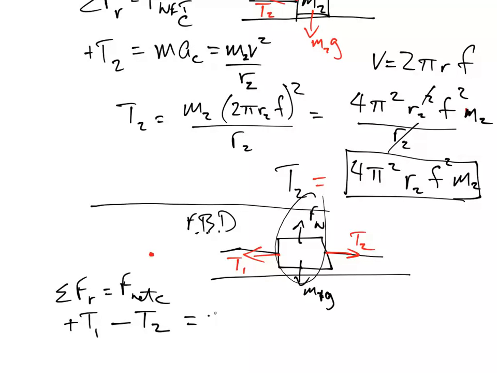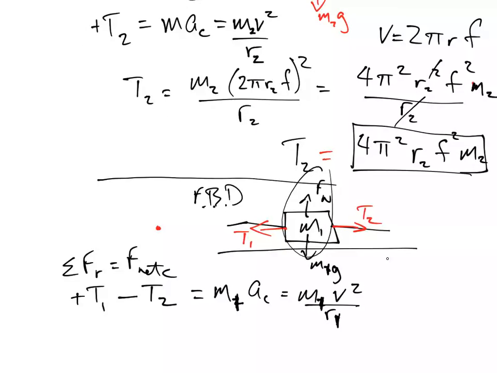So now, this is equal to M1 a_c, which is M1 v squared over... Whoa, sorry, I'm making a mistake here. This is actually M1. We already did M2. Sorry, that's a 1, that's a 1, and that's a 1.